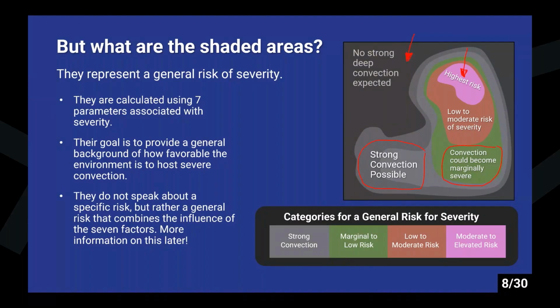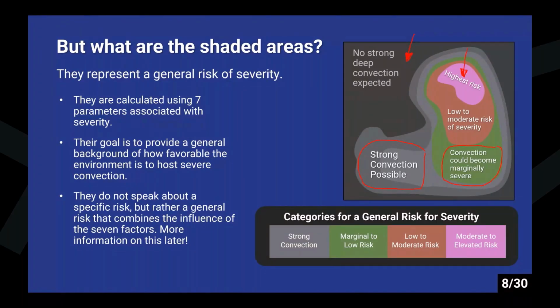So these categories just provide a qualitative idea of whether you might have severe convection or not, but they don't speak about specific risk. If I see these colors, I wouldn't be able to say we're going to get hail, or tornadoes, or strong winds. I can only speak about the general description of severity.